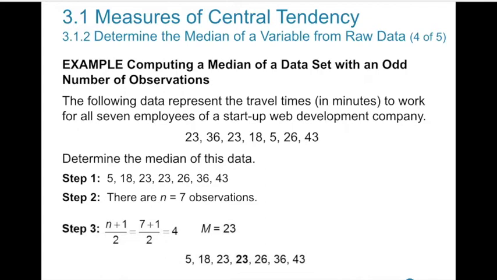If we wanted to, we could say that it was the 4th from each side. So 5, 18, 23, 23 is the 4th term. If we counted from the other direction, 43, 36, 26, 23 is the 4th term. So just get into the middle.